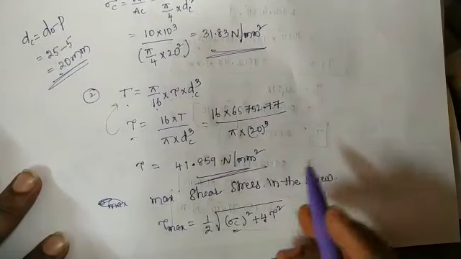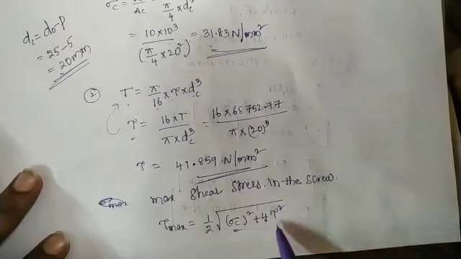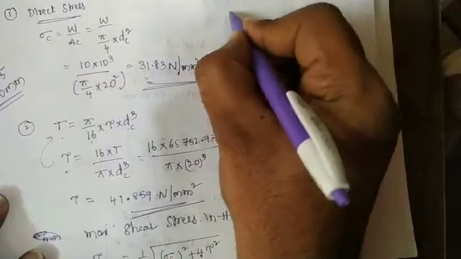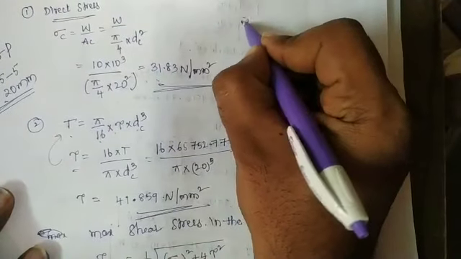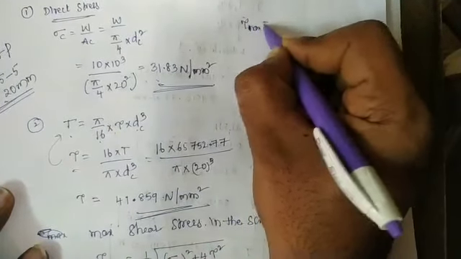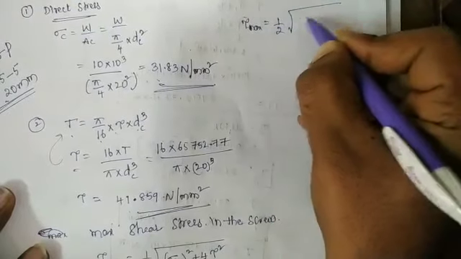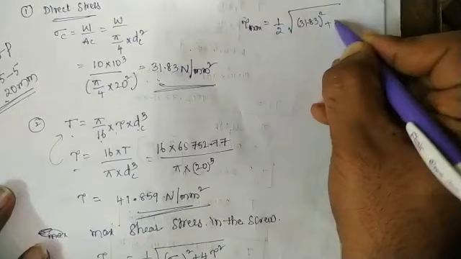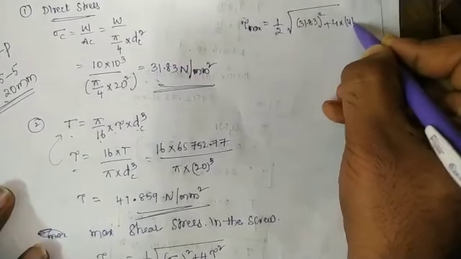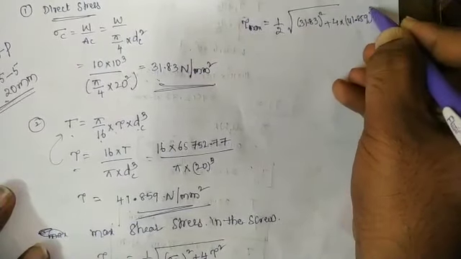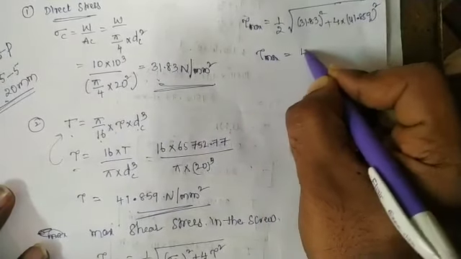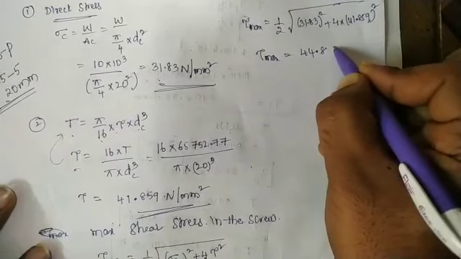Sigma c equal to 31.83, and tau equal to 41.859. Then tau maximum equal to 1 by 2 into under root of 31.83 whole square plus 4 into 41.859 whole square.